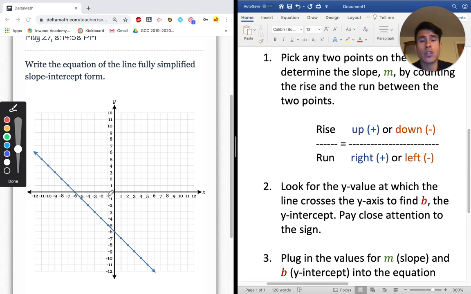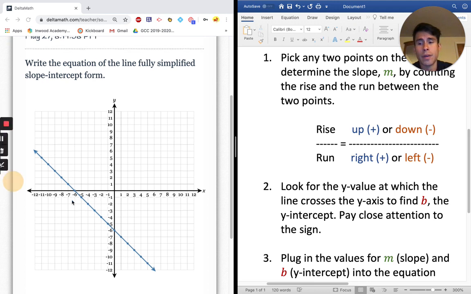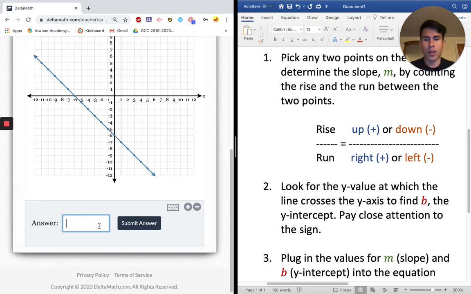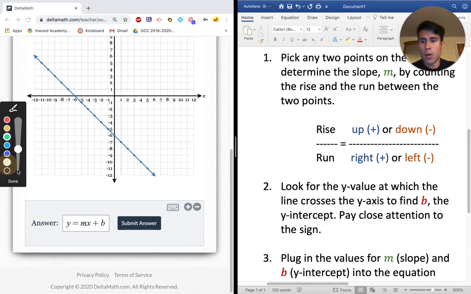So I'm going to identify my slope. First I'm just going to write y equals mx plus b. I'm going to be filling in this equation as I move along. So going between those 2 points, from here, I'm going to move 1, 2, 3 down.